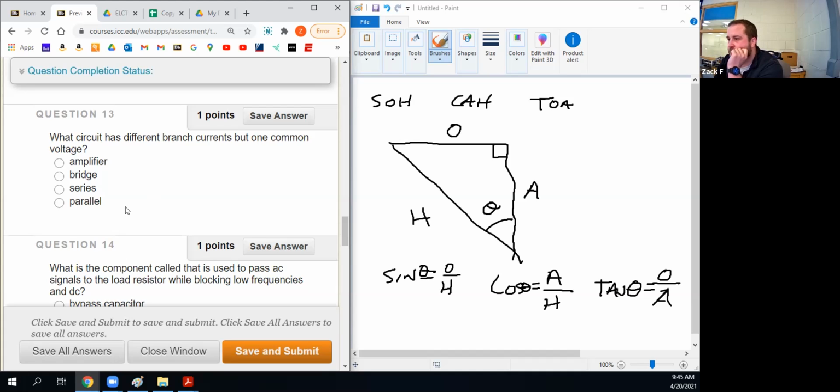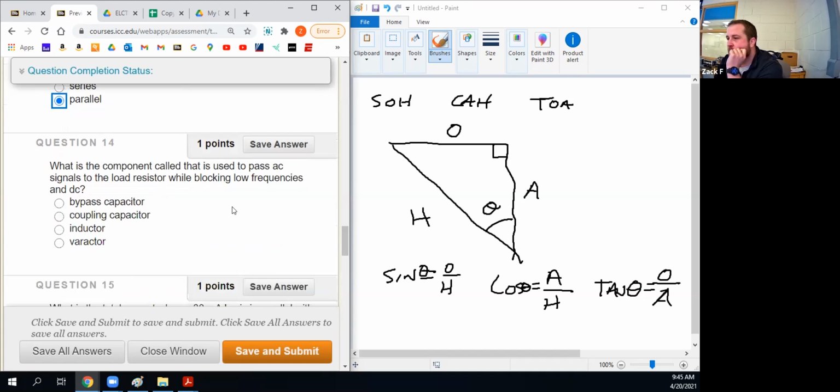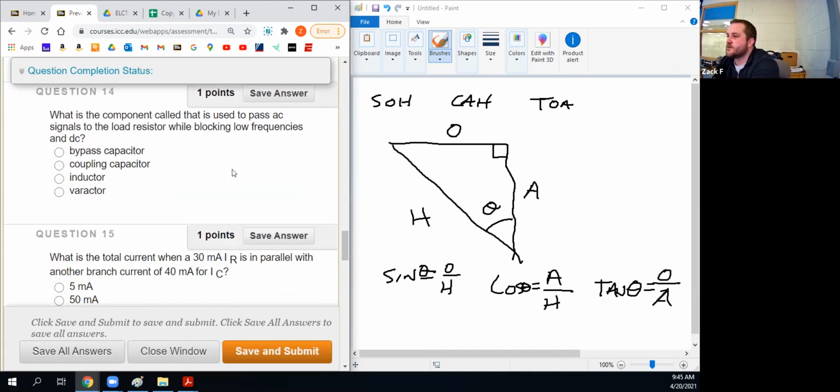Parallel. What is the component called that is used to pass AC signals to the load resistor while blocking low frequency and DC? Coupling capacitor.